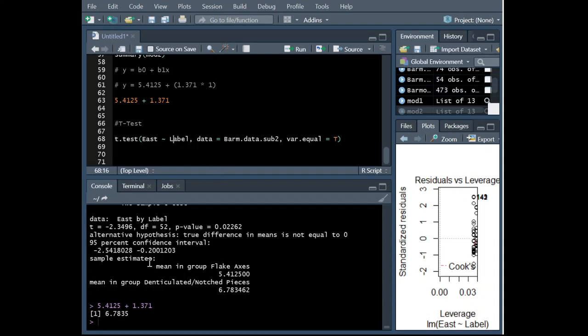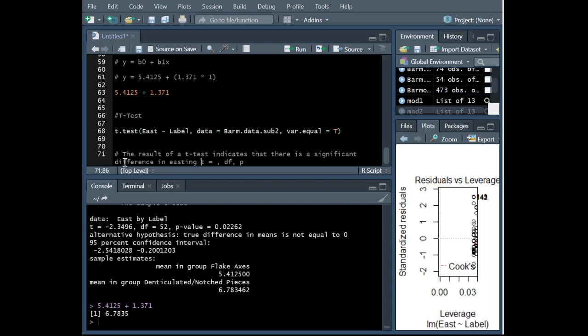When you're looking at this t-test output, you can see that the three main things that you need to report are your t-value, your degrees of freedom, and your p-value. So when you run an analysis like this, and you're reporting on your results, you would say something like, the results of a t-test indicate that there is a significant difference in Easting values between these two artifact types.